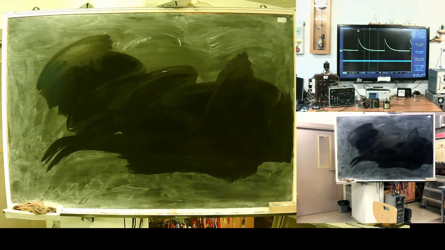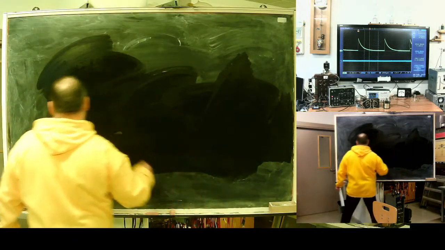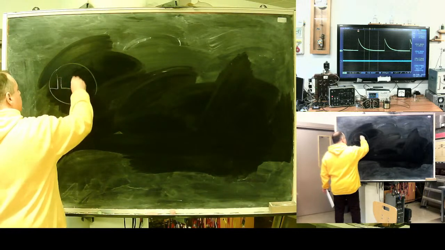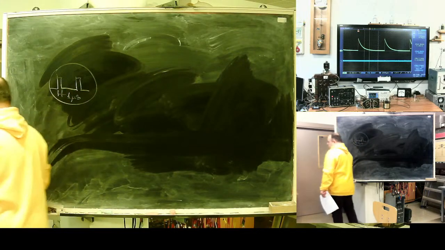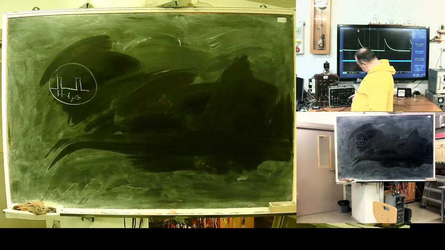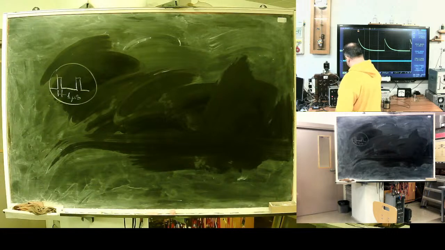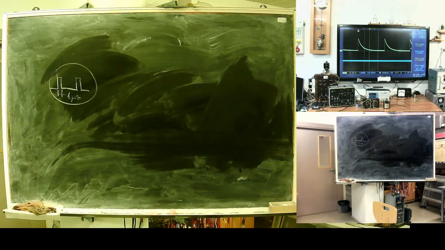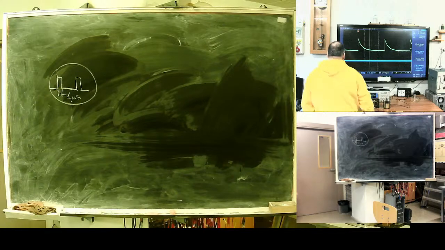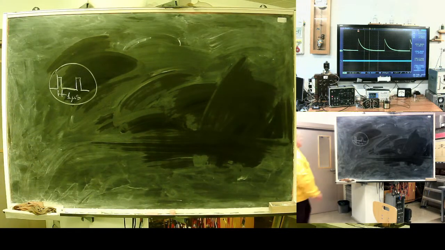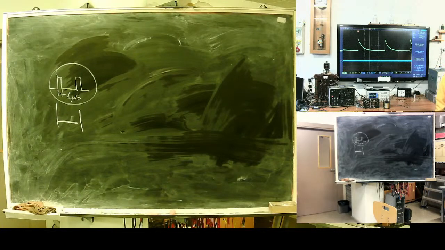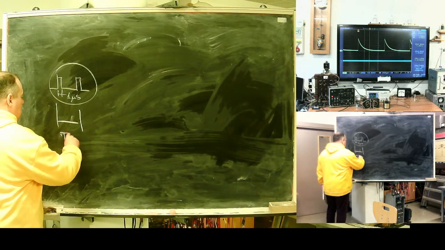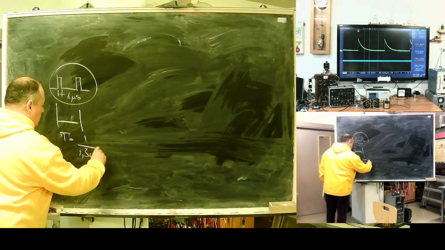My schematic at this moment, I have a generator producing pulses of 1 microsecond with period equal to 1 divided by 1.3 kilohertz.